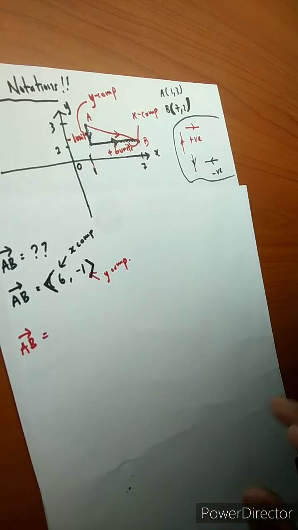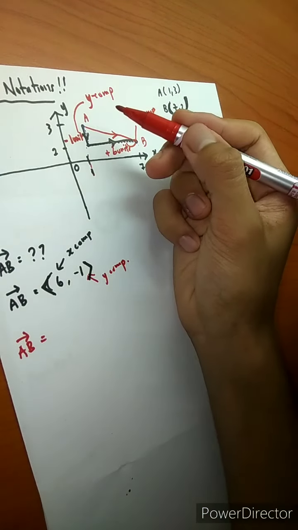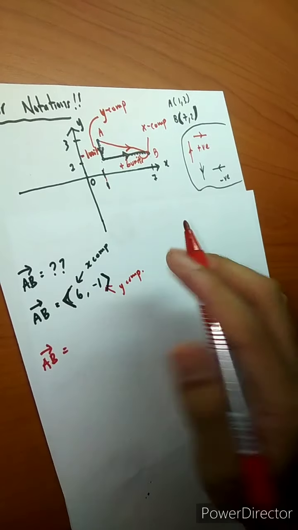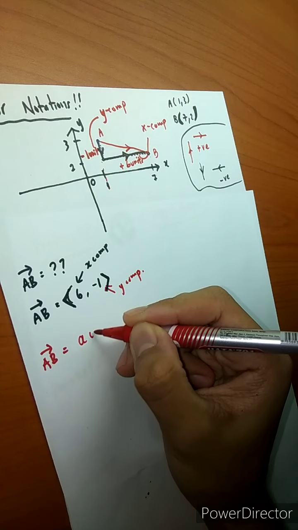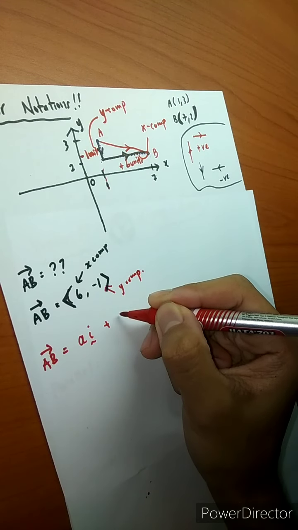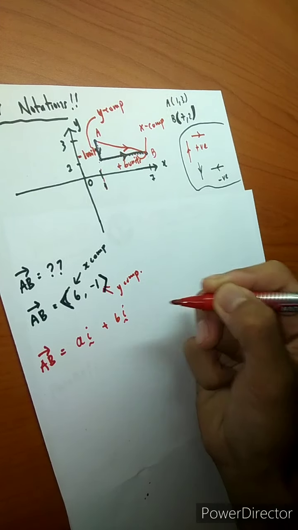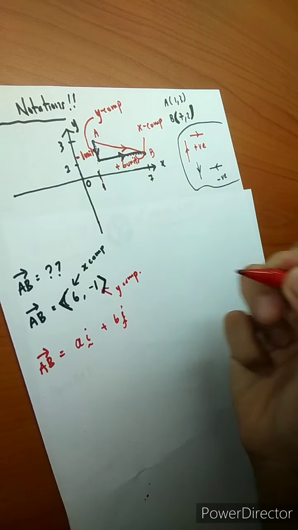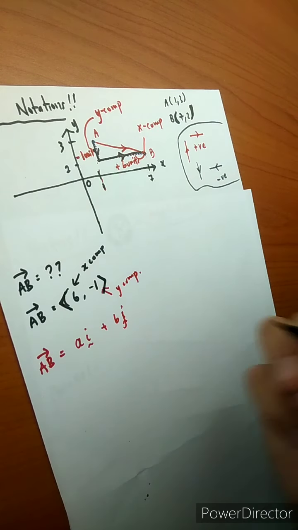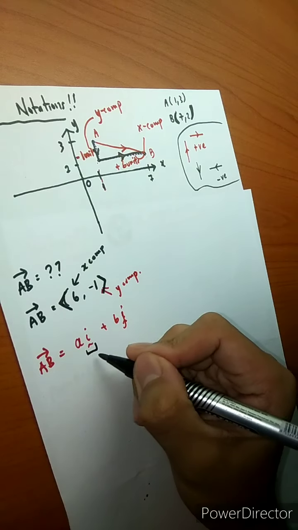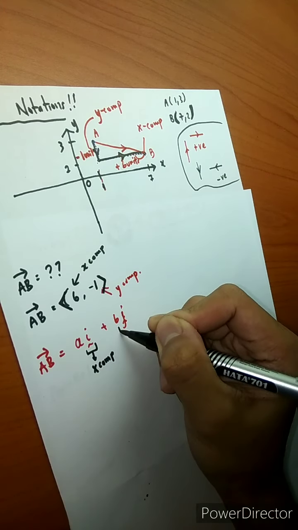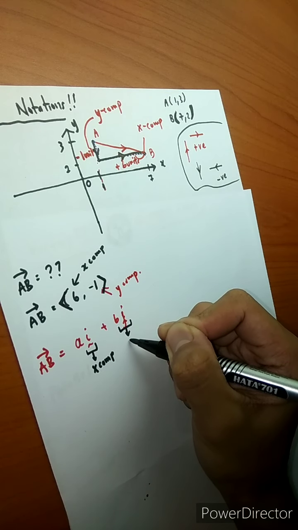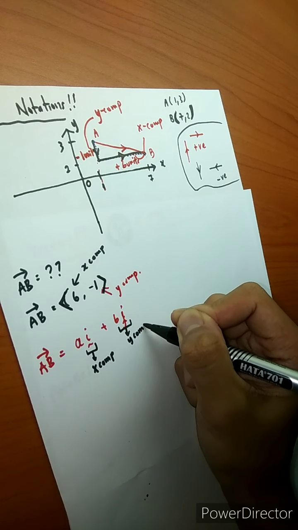So how do we represent this? You can use the general vector notation, which is ai plus bj. This i represents the x component, and this j represents the y component.